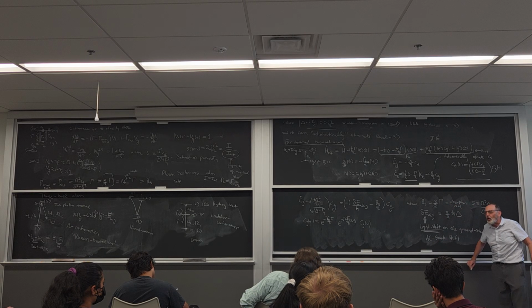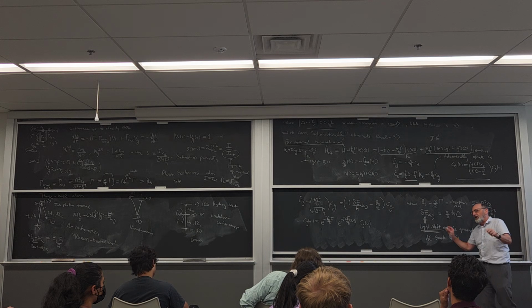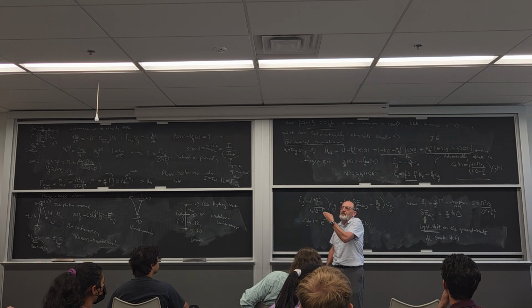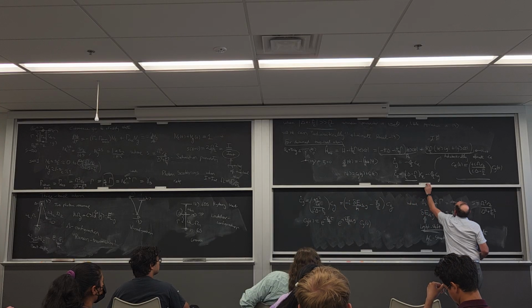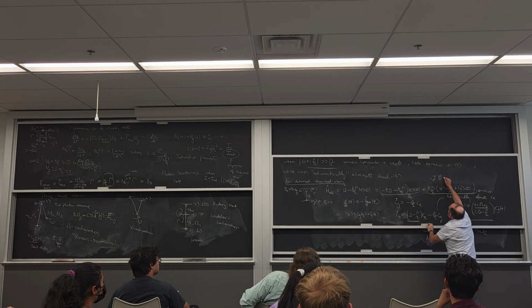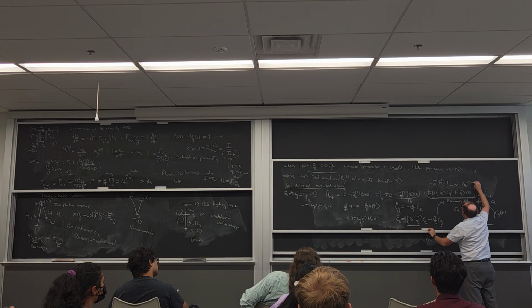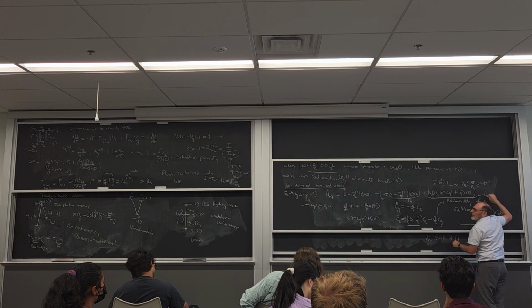Does anyone know what the Stark shift is? Just like if you apply an electric field to that. Right. The Stark shift is the shift of an energy level in the presence of an electric field, typically a static electric field. But here, we're applying an AC, meaning an oscillating electric field. Field's dynamic.